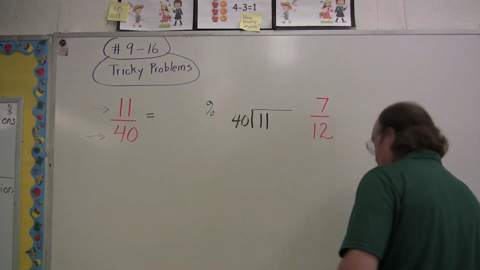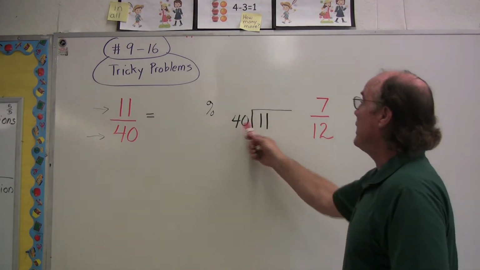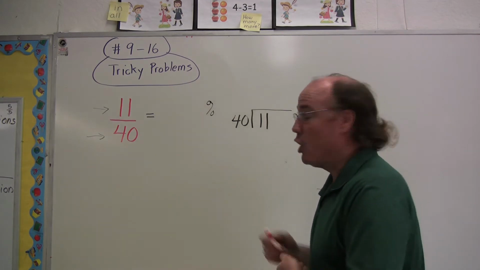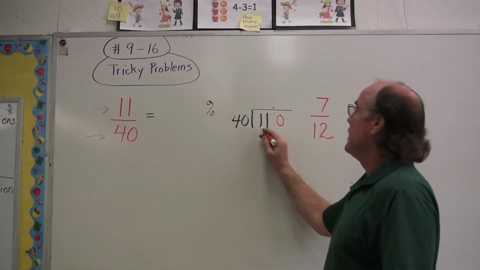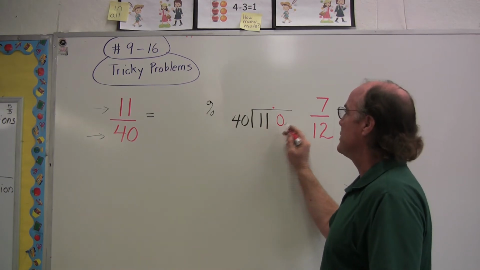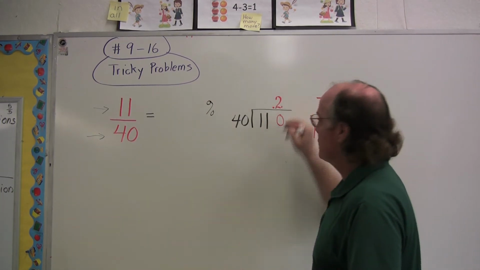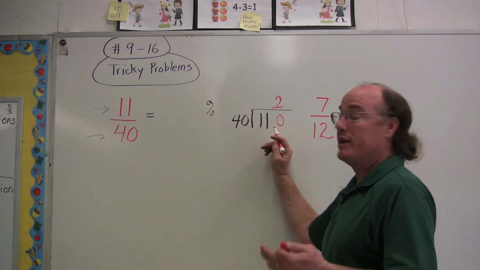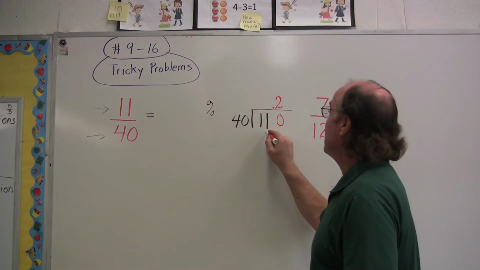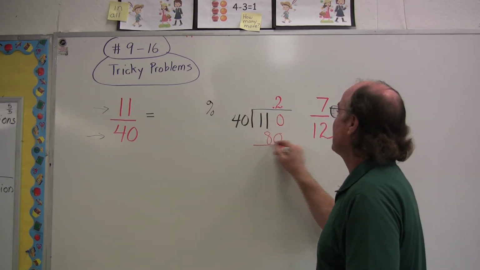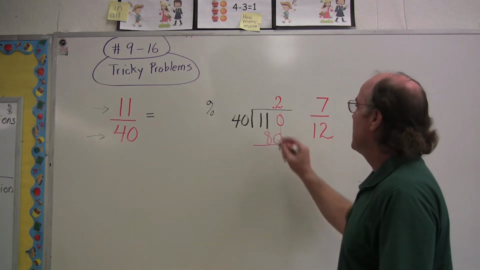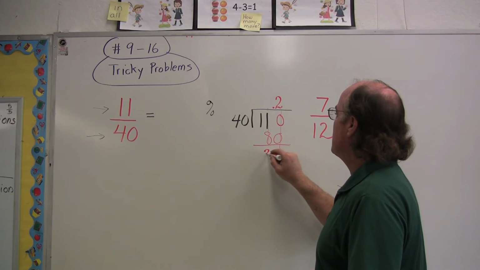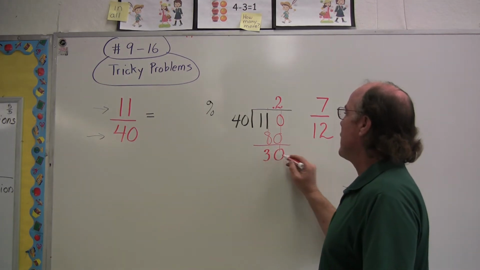And we first ask ourselves, can 40 go into 11? No. Decimal point, 0. Now 40 goes into 110 twice, because 3 times 40 is 120. So 2 times 40 is 80. And remember, keep those columns straight. Now, 11 minus 8 is 3. So now we have 30.